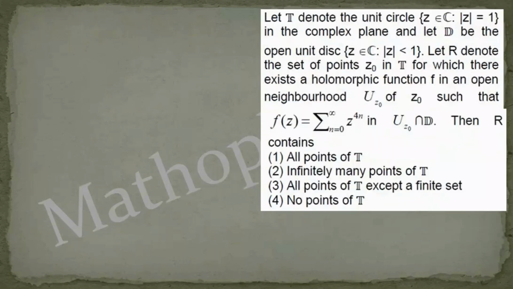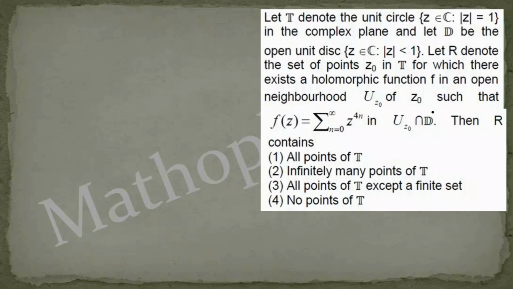Next question, let's see. Let T denote the unit circle, the set of all z belongs to C such that mod z is equal to 1 in the complex plane, and D be the open unit disk. Let R denote the set of points z0 in T for which there exists a holomorphic function f in an open neighborhood such that f of z is equal to summation of z bar 4n. Then R contains.